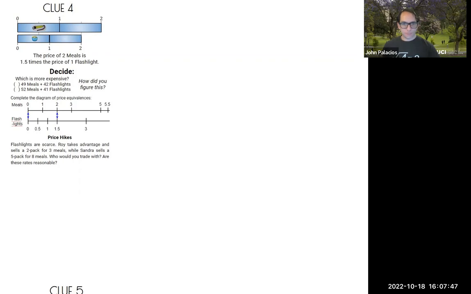Okay, here it might be useful to compute the ratio like so. We have 2 times the price of a meal is equal to, so 1.5 is really 3 halves, if memory serves, because 3 halves is equal to 1/2 plus 2/2, which is 1/2 plus 1, which is 1.5.